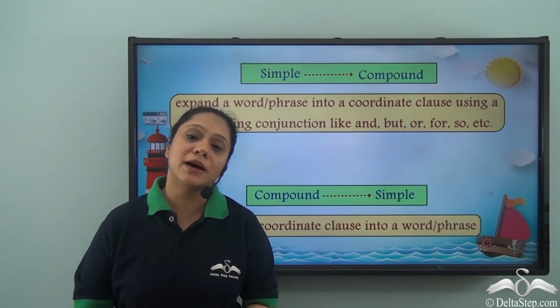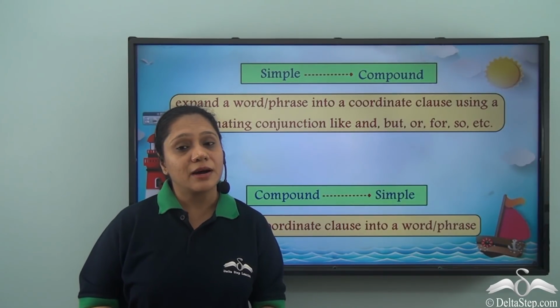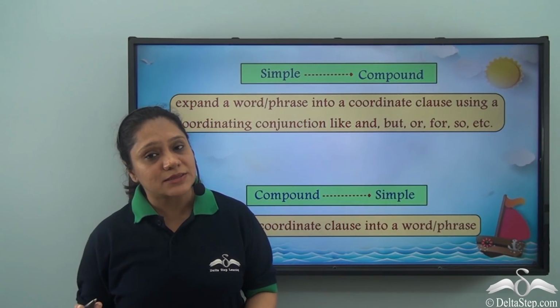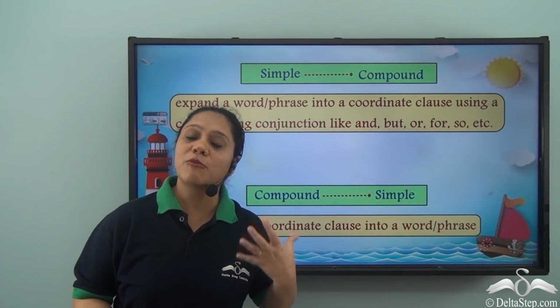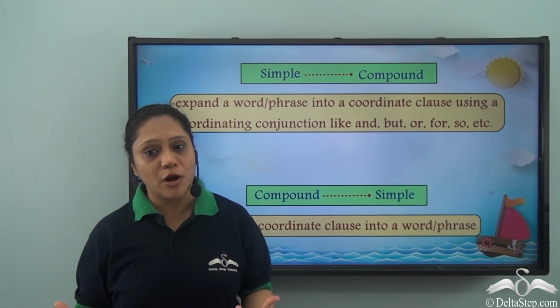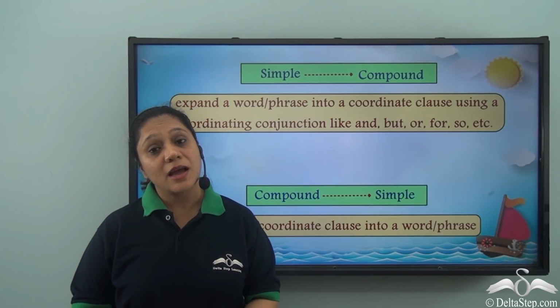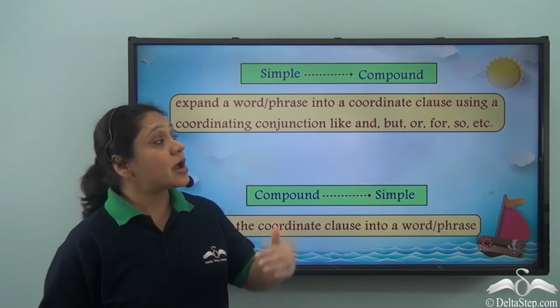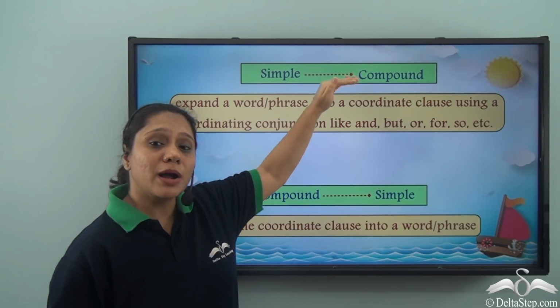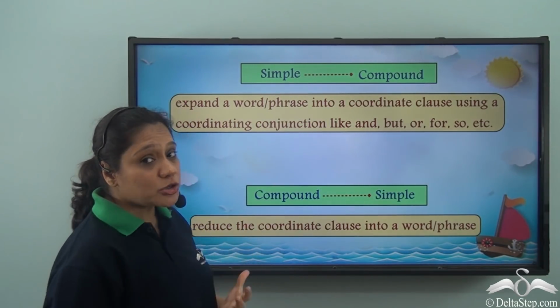So what have we learned today? We have learned that some sentences can be changed from one form to another form. This is known as transformation of sentences. Whenever we change a simple sentence to a compound sentence, what do we do?